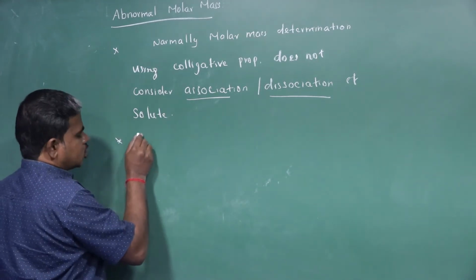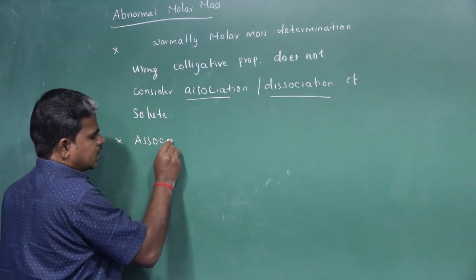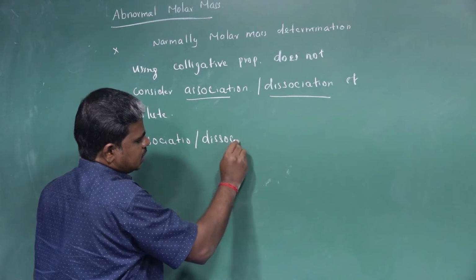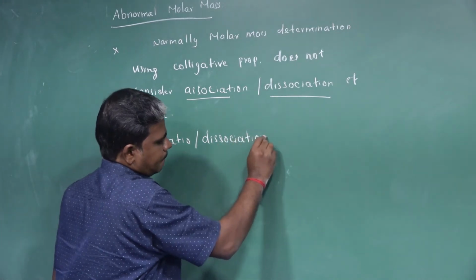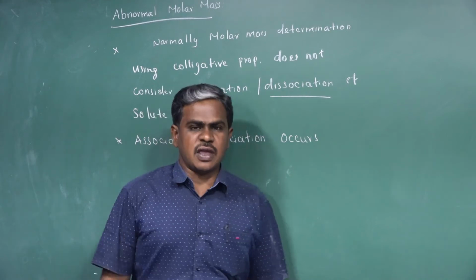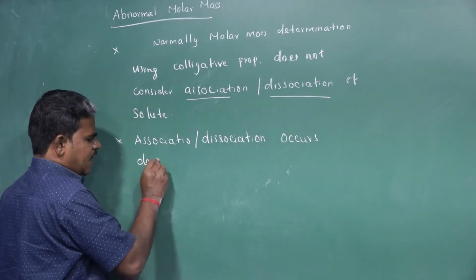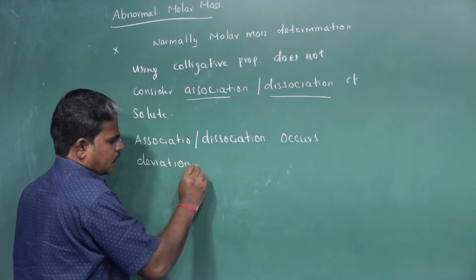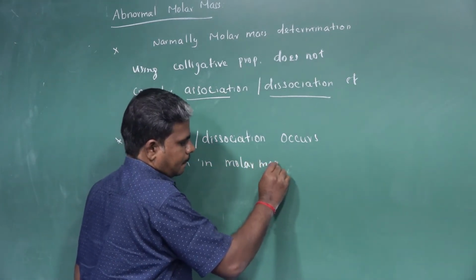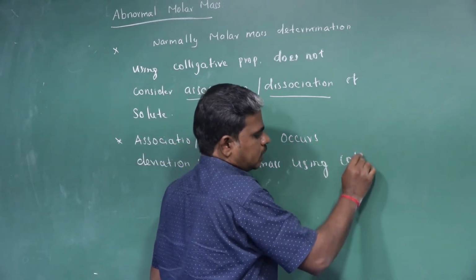So here the association or dissociation occurs, and there is a deviation in molar mass using colligative property.